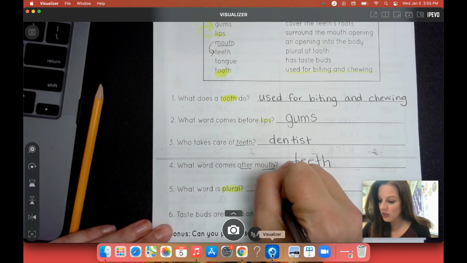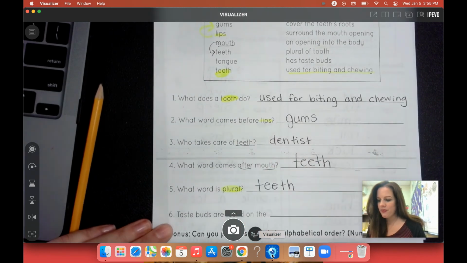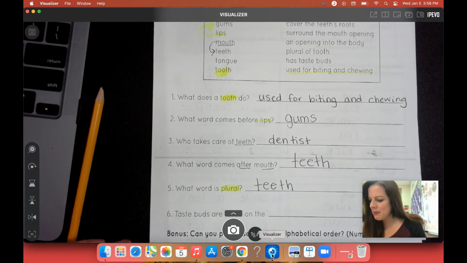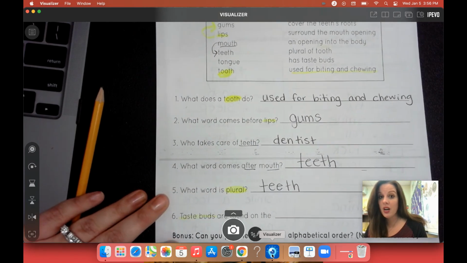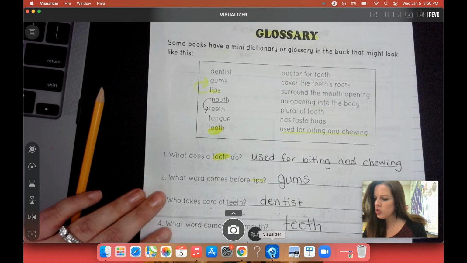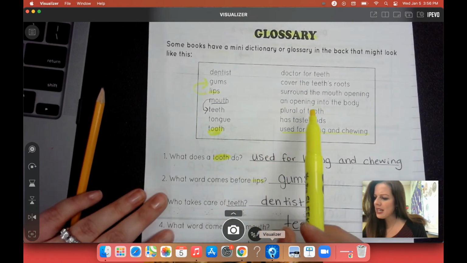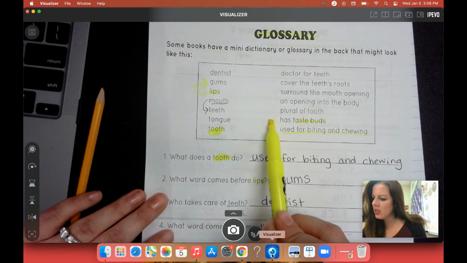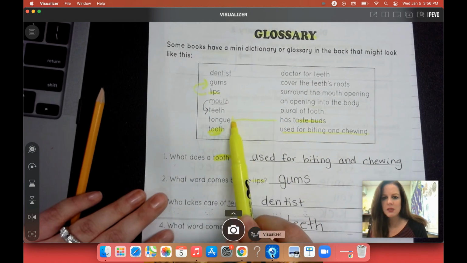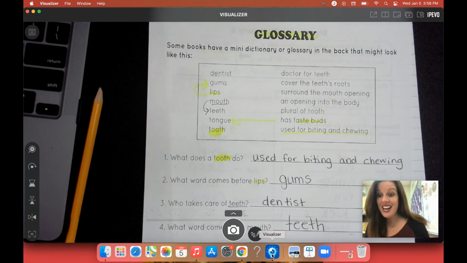Teeth is plural, more than one tooth. Taste buds are found on the, I see the word taste buds here. Taste buds are found on the, let me look at my glossary and it tells me tongue.